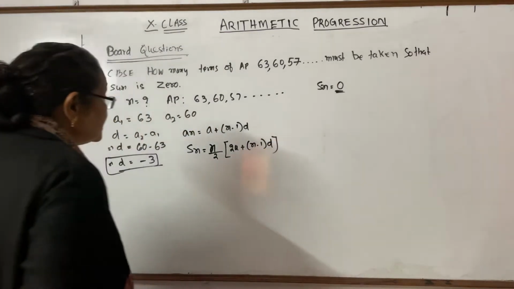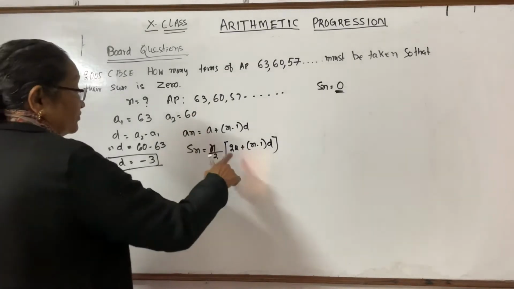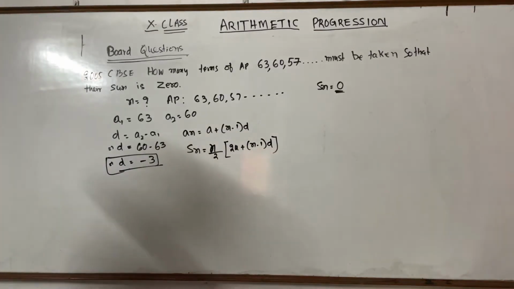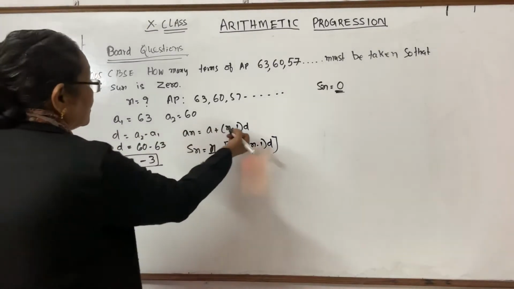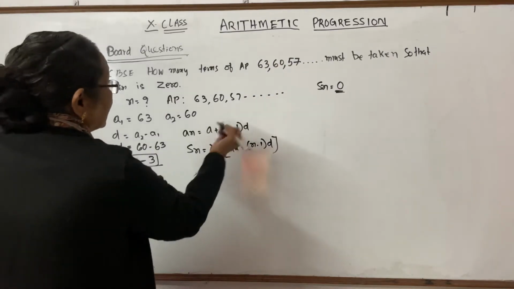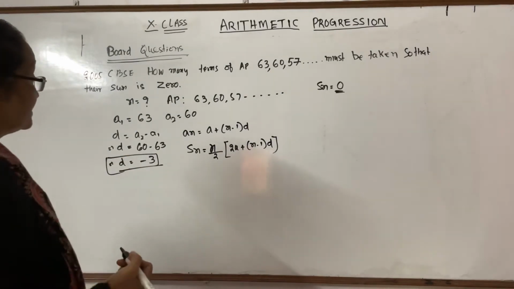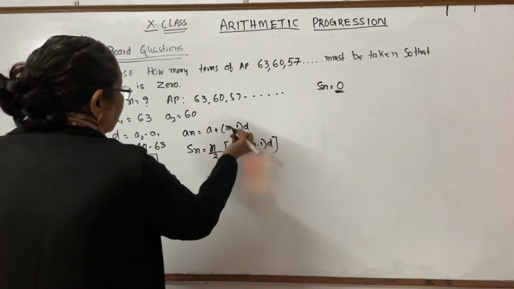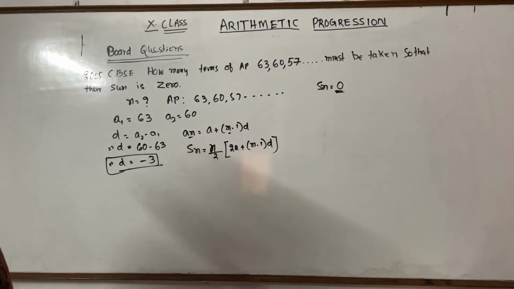In this formula, we know a and D, and only n we don't know, so we can use it. In the earlier formula, the nth term and the last term are not known, and the sum is given, so two things are unknown and we cannot find it.